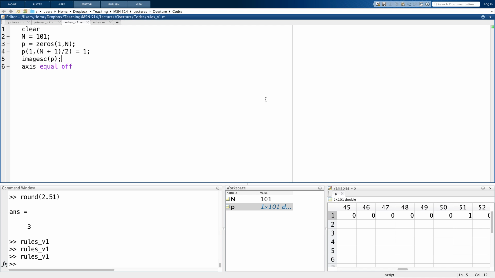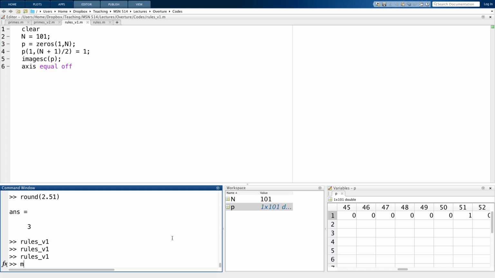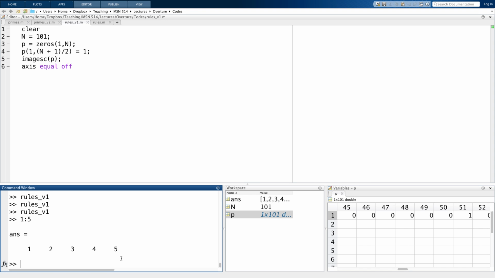Okay. To do that, let's do mod of 1 to 5 versus 5. What do you expect? Okay, I have to do 1 to 5. It's 1, 2, 3, 4, 5. Okay. What if I do mod of 1 to 5 with respect to 5?